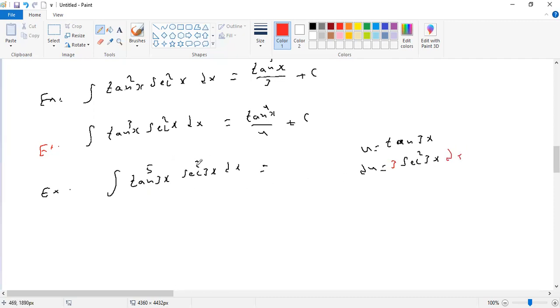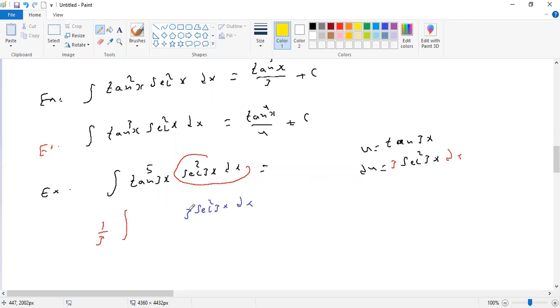So what we need is 3 secant squared, but we only have secant squared dx. So I have to multiply by 3 and divide by 3: before the integral, divide by 3, and inside the integral, multiply by 3. What do we have there? We have 3 secant squared 3x dx.